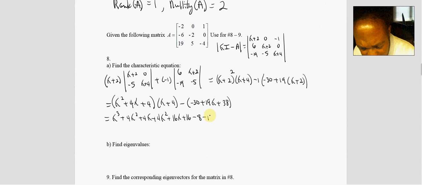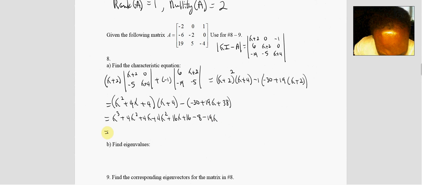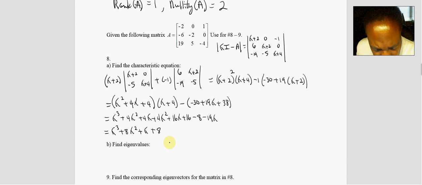And then this is minus 19 lambda. So we get lambda to the third plus 8 lambda squared plus 4 lambda, 16 lambda is 20 lambda, minus 19 lambda is just lambda. And so we have lambda, lambda, lambda, which I'm thinking about a crazy comedy movie from the 80s. Anyway, 16 minus 8 is plus 8. That's set equal to 0. Now that's the characteristic equation.